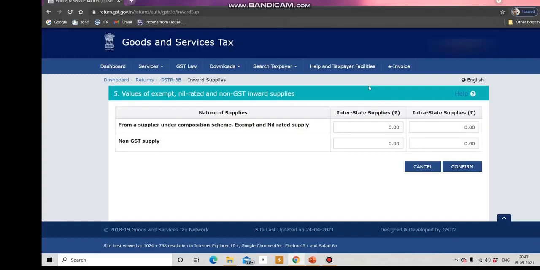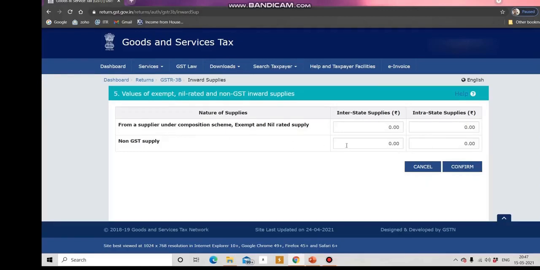And in this we have to enter the purchases or expenses which are not liable to GST or which are exempt or nil rated. Also in the eligible ITC column we saw that we have to enter the purchases and expenses which are liable to GST. And here it is expenses and purchases which are not liable to GST.